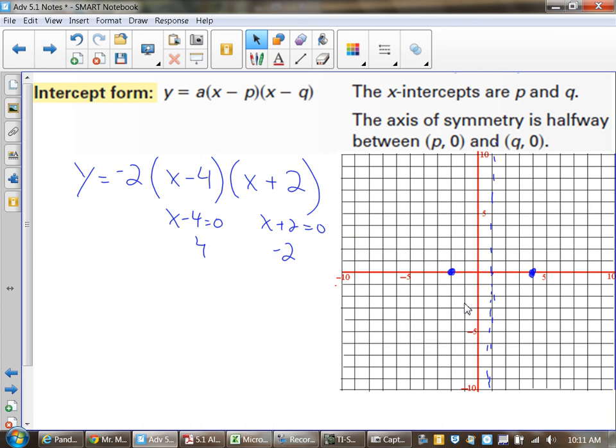Now what do you think you have to do to find the vertex? Substitute in, exactly. Since your axis of symmetry is at x equals 1, that means my vertex is going to be at 1 comma something. So we go to the main equation. What's 1 minus 4? What's 1 plus 2?